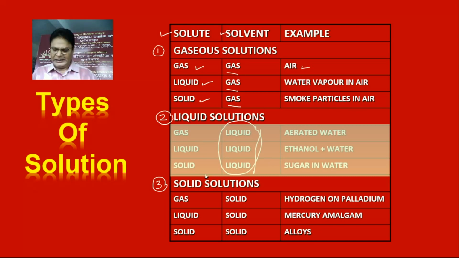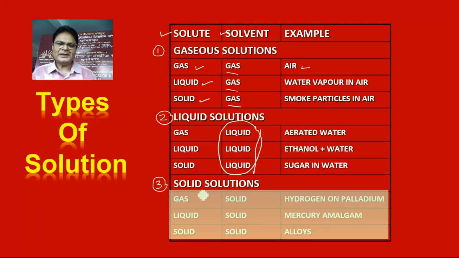When the solute is solid and the solvent is liquid, the solid should be soluble in the liquid. Then we find a solution in a liquid state, and the example is sugar in water. Another type of solution is solid solution. This is formed when the solvent is in solid state.